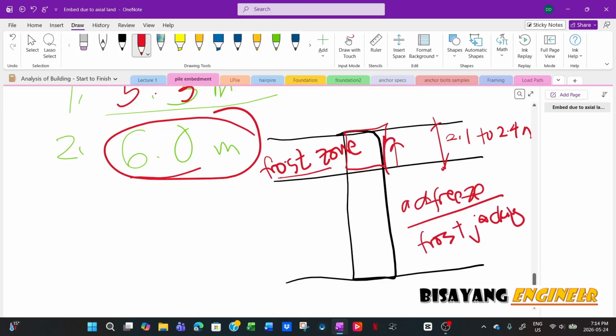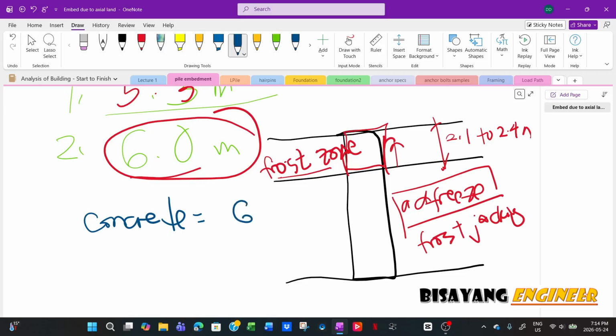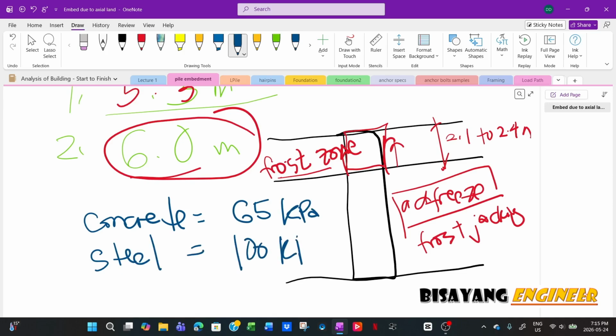It will be subjected to an uplift. Now, the value of this adfreeze depends on the type of pile. If it is a concrete pile, this is usually 65 kPa. And if it is a steel pile, the value is at least 100 kPa.